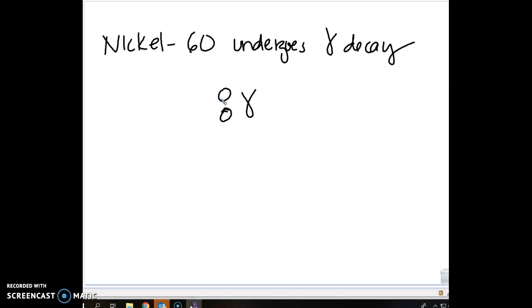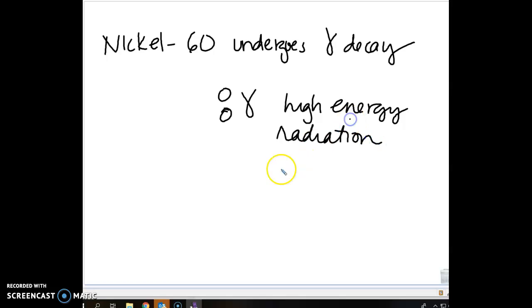I've got it there with the particles, but really gamma decay is just high energy radiation. So it's not an actual particle. So if we have just gamma decay, the nucleus that we start with, in this case nickel 60, is going to be the same one that we end up with.